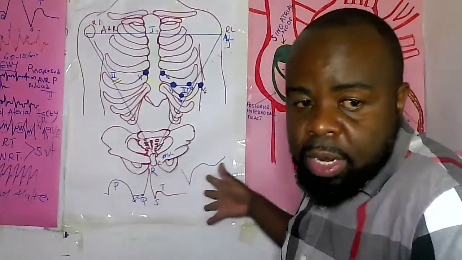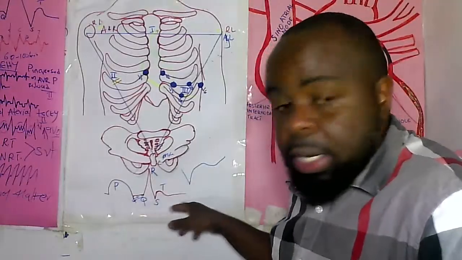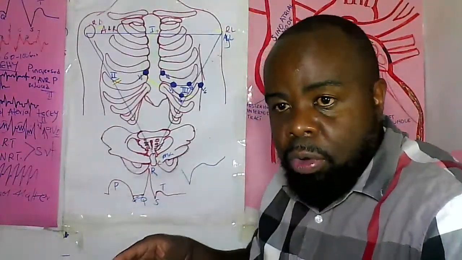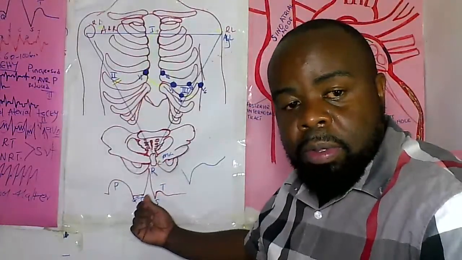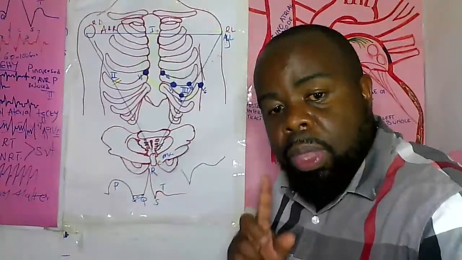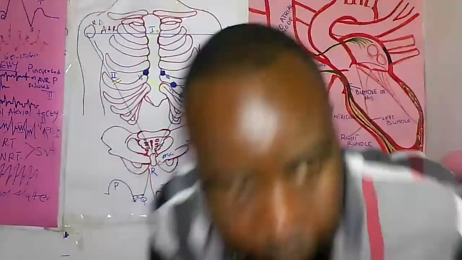Is it wide or is it narrow? If it is wide, it means it's a bradycardia. The heart is sending signals so slowly. But if it is not wide, it is narrow, that is the tachycardia. The heart is beating so fast.